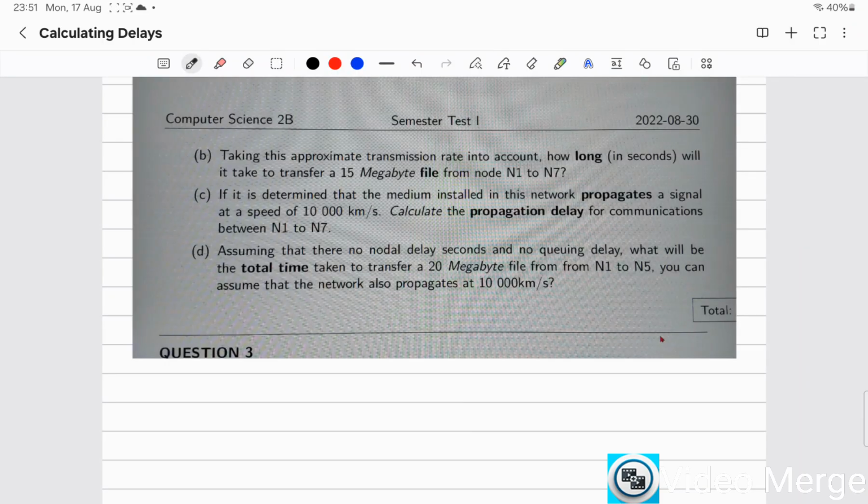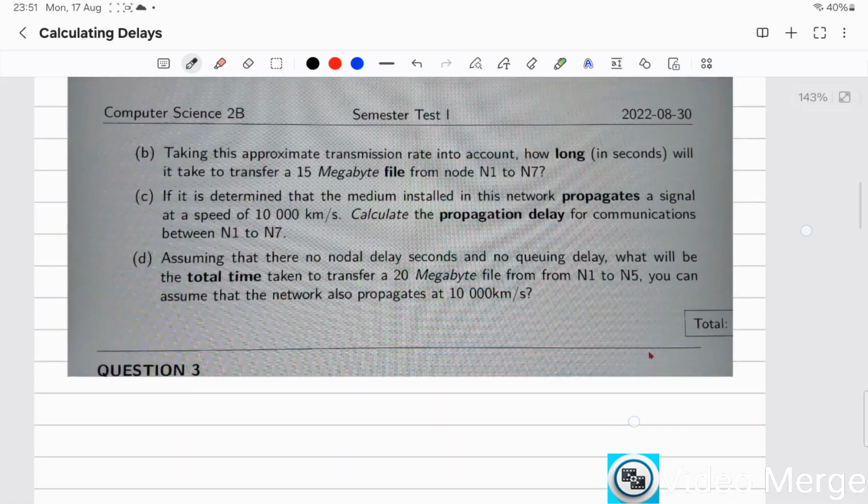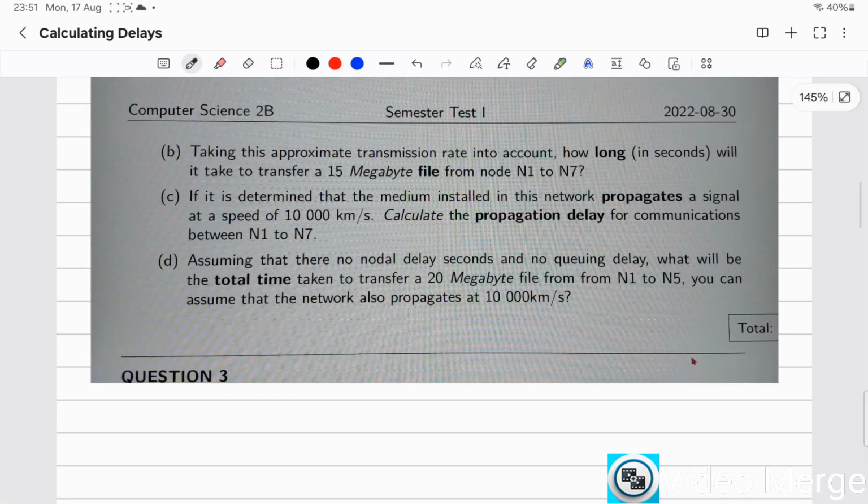Okay, now the question says, taking this approximate transmission rate, remember the transmission rate that we got was 17 Mbps, into account, how long in seconds will it take to transfer a 15 megabyte file from node 1 to node 7, right?